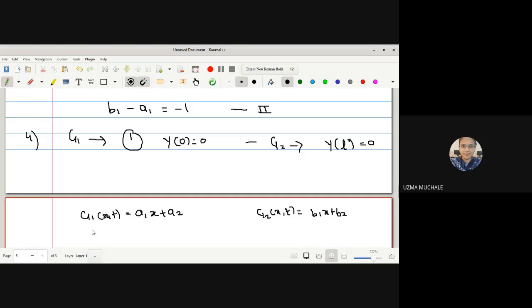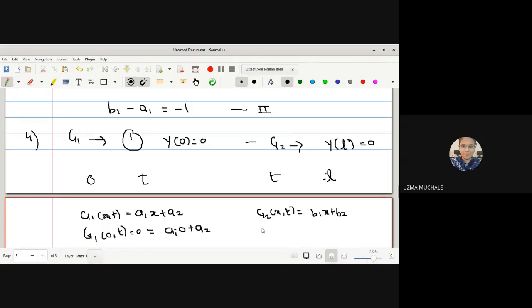Now, G1 must satisfy the first condition since it is provided in the interval 0 to t, and this is in the interval t to L. So that's why it must satisfy the first condition, meaning G1 of 0, t equal to 0. Here x is 0, so wherever you have x, you put 0, which gives a1 into 0 plus a2.